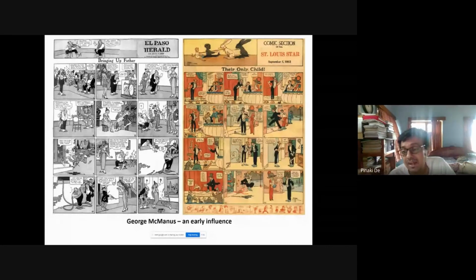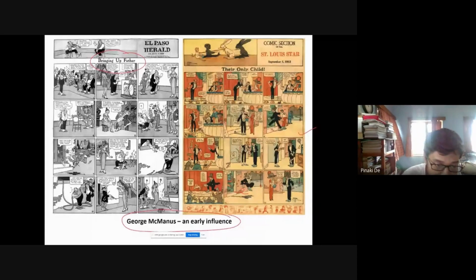So the stylistic way of representing Tintin actually came from George McManus. Remember, these are two McManus comic strips. A very famous one is Bringing Up Father, which influenced Arj a lot. Now, McManus influenced mostly the technical aspects of Tintin, the drawing aspects, the clear line aspects of Tintin, which I will talk about later.